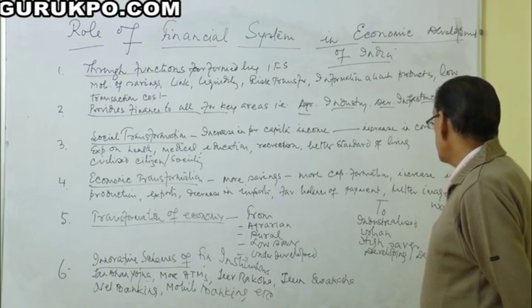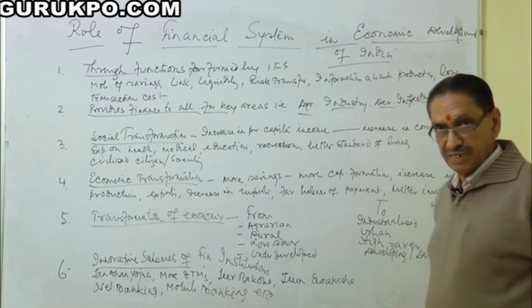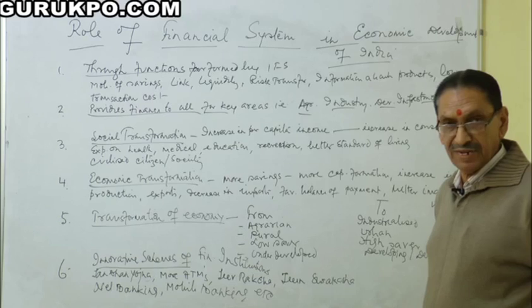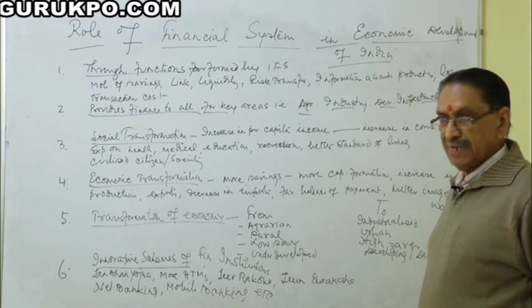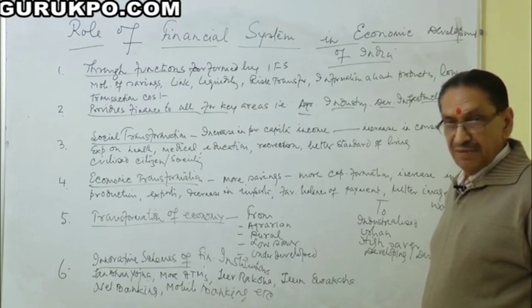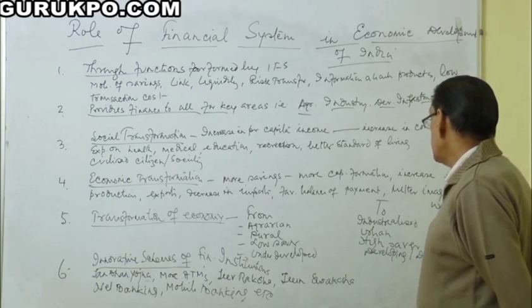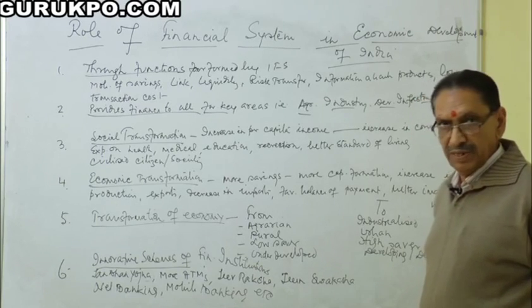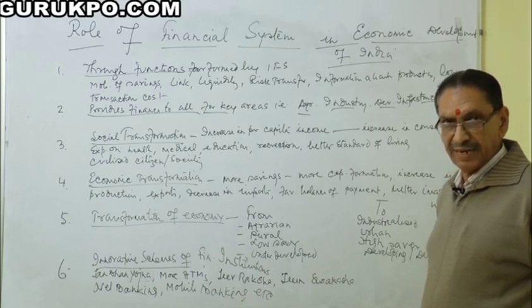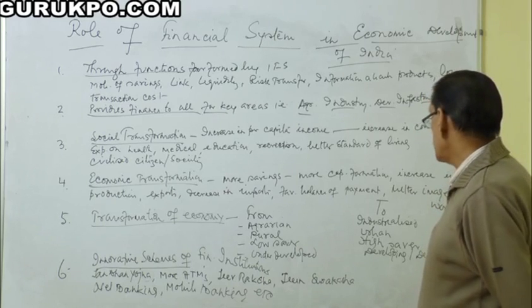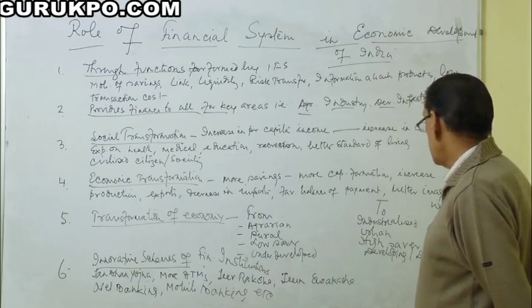Now another important function is that financial system provides information about various financial institutions and various types of financial instruments which a person would like to buy, and through this information a suitable instrument is selected by an investor and he invests money in the financial market.